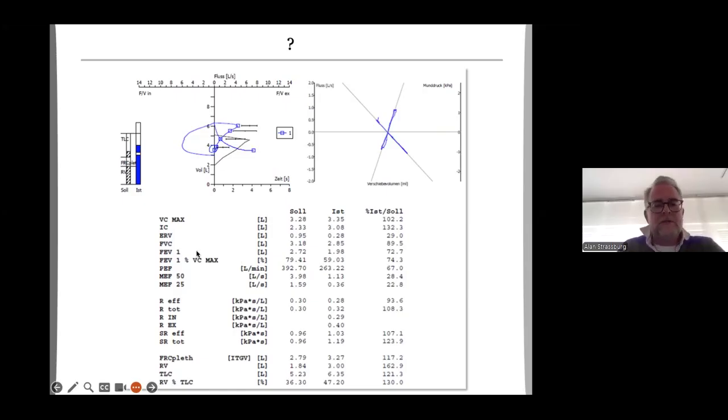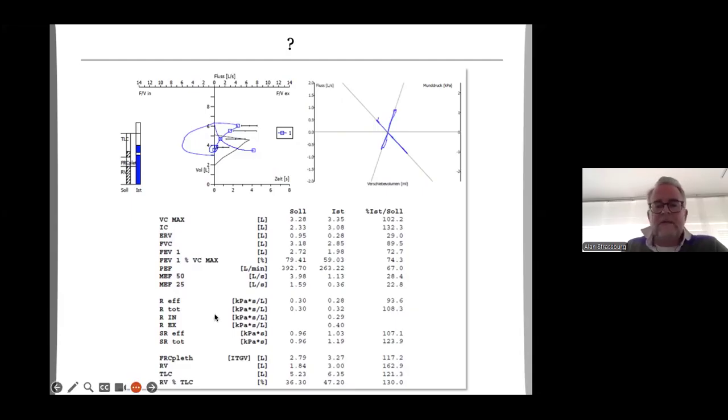Well, as I mentioned before, I would start with the quotient between the FEV1 and the vital capacity, which is low, below 70%. That defines an obstructive ventilation disorder. So it's an obstructive disease this patient has got. It could either be asthma or COPD.